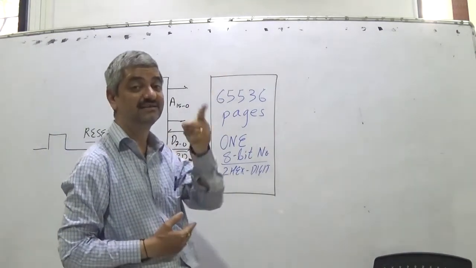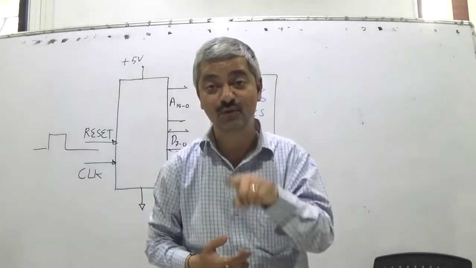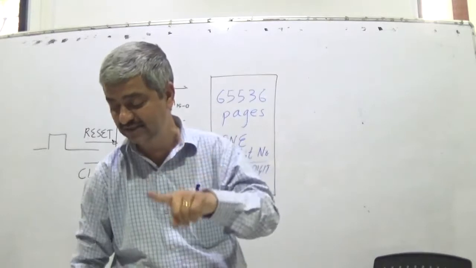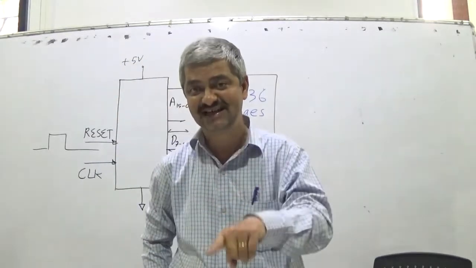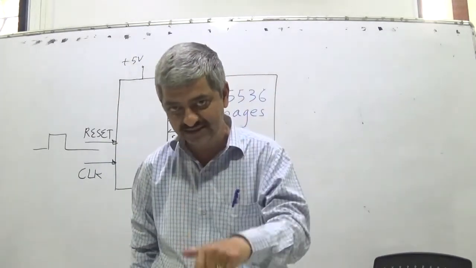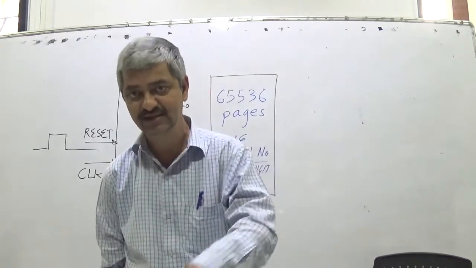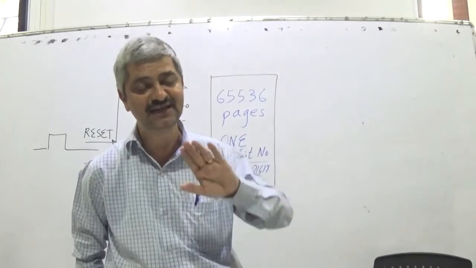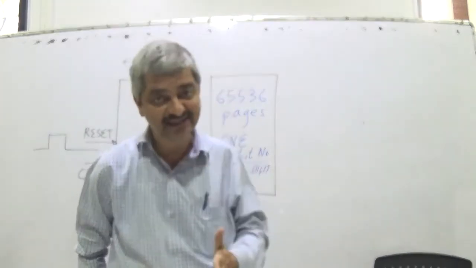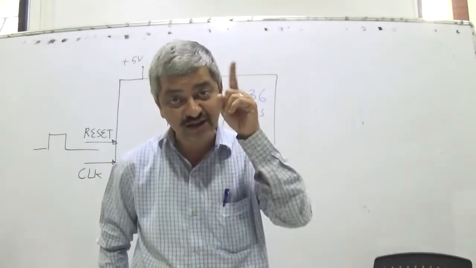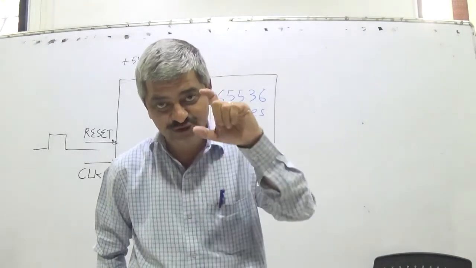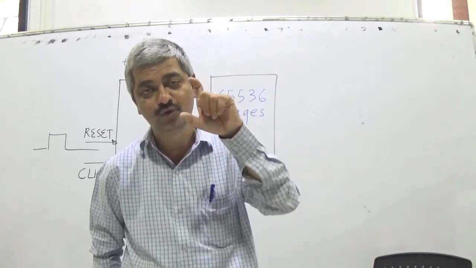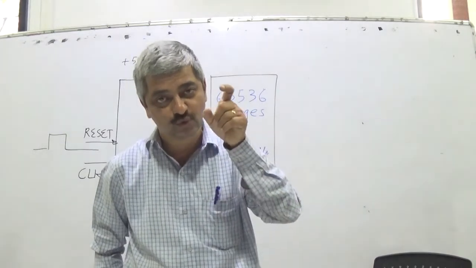This thing is by default hardwired inside the processor. Once it starts functioning, once it resets, power is there, reset is done, clock is active, in the first cycle it reads location 0, and depending upon that is called the opcode.